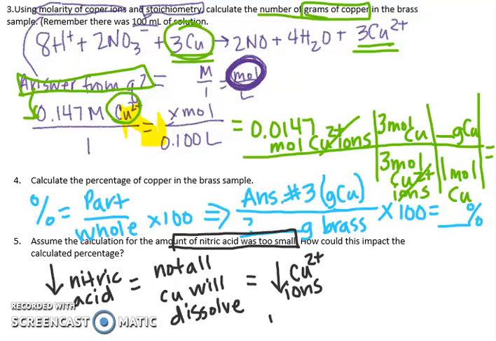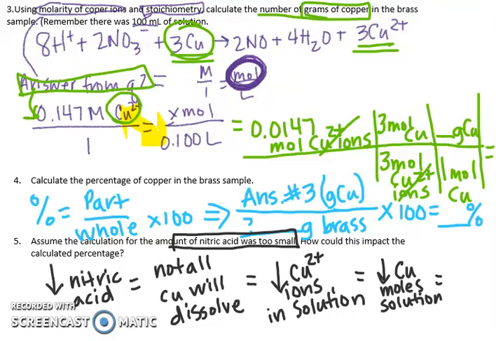Think about the color. You're going to have a color that is less blue. Now, if there are fewer copper ions in solution, that means I have fewer copper moles in solution. That means fewer copper grams, and that's going to lead to a lower percentage of copper. It is important to show all of that math when you guys are talking about question number 5.